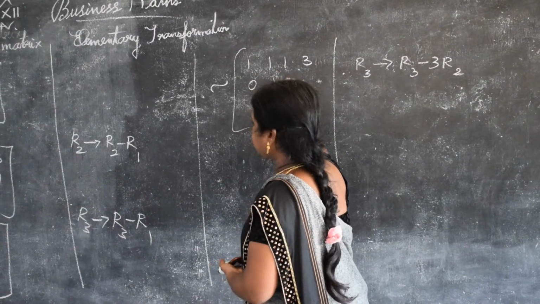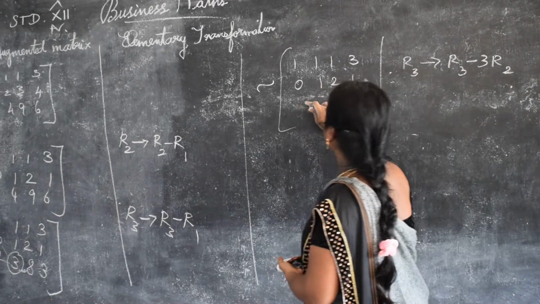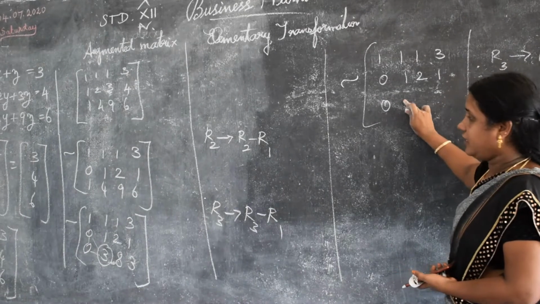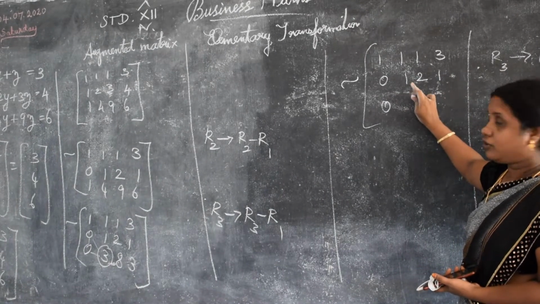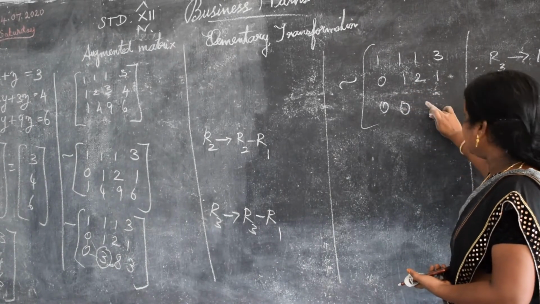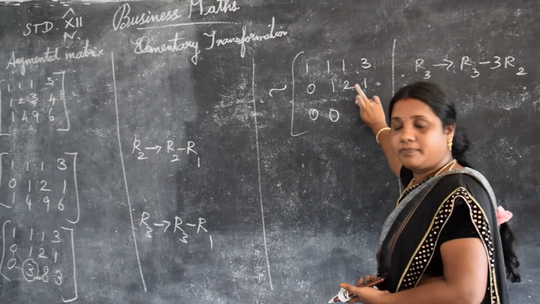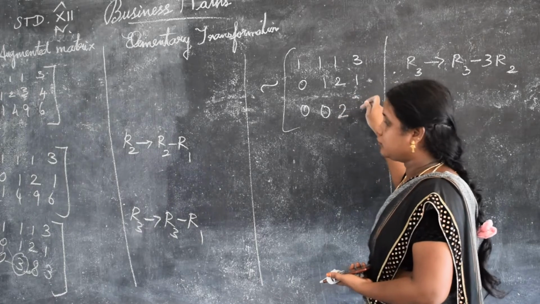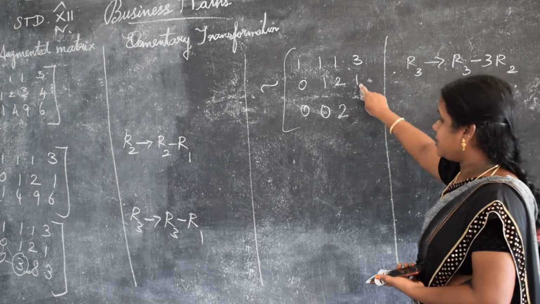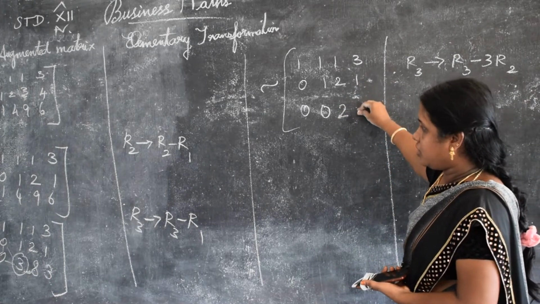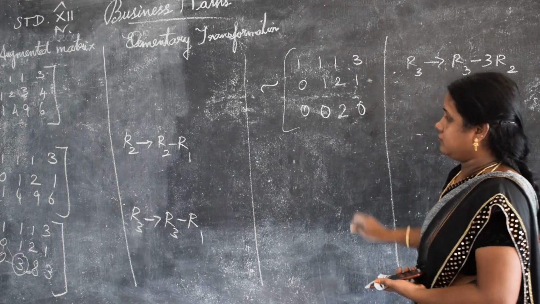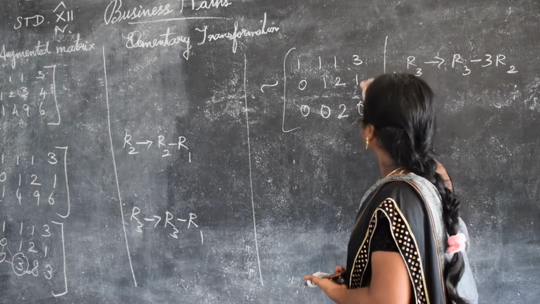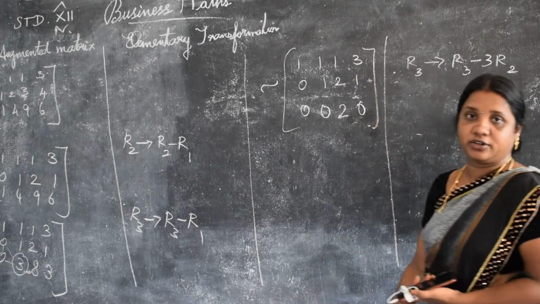What is our third row? 0, 0, 3. Second row you multiply by 3, then what comes? 3 minus 3, 0. Next 8. 8 minus, if you multiply this, 3 2s are 6. 8 minus 6 is 2. Next 3. 3 minus 3, I will get 0. Now I got 0 here.